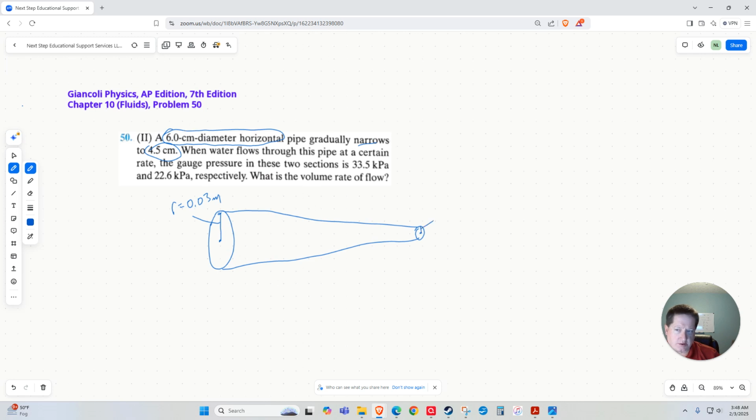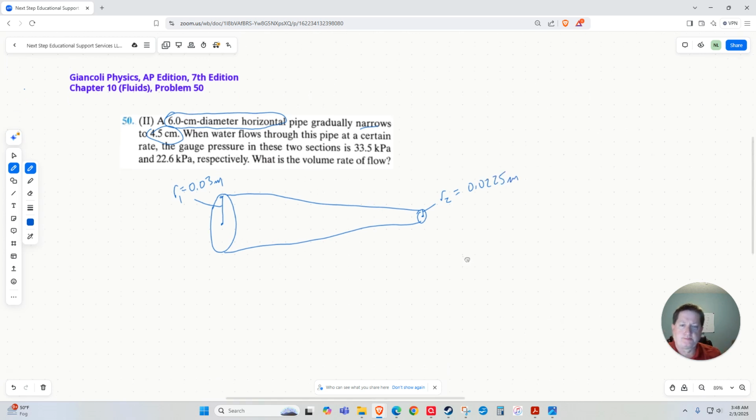And similarly, on the other end, that's going to be a 2.25 centimeter. We'll call this radius 1 over here. We'll have radius 2 over here. That's going to be a 0.0225 meter radius for that portion of the pipe.